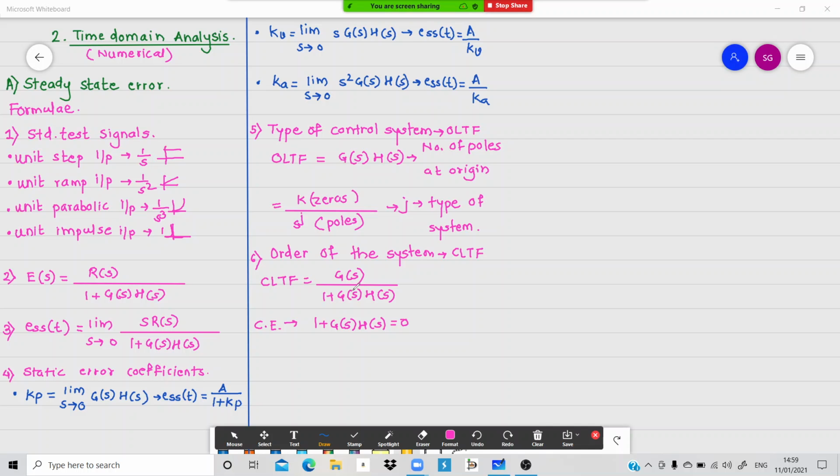And in the characteristic equation, the highest power of s will give you the order of the system. Okay.